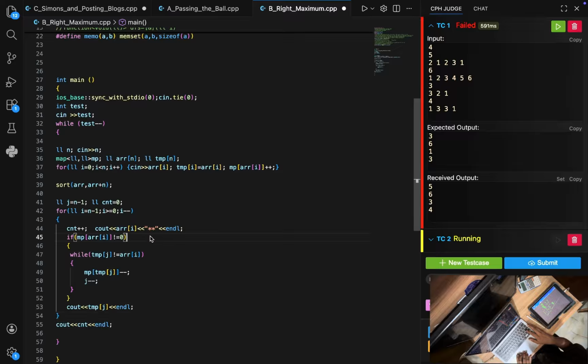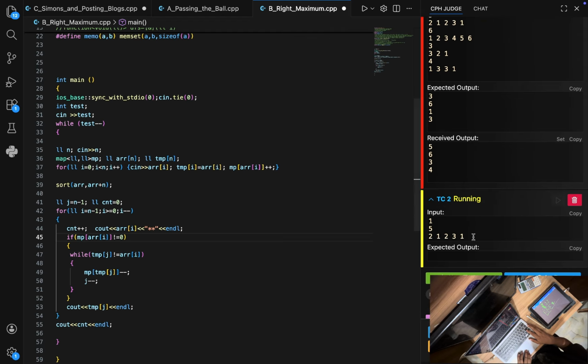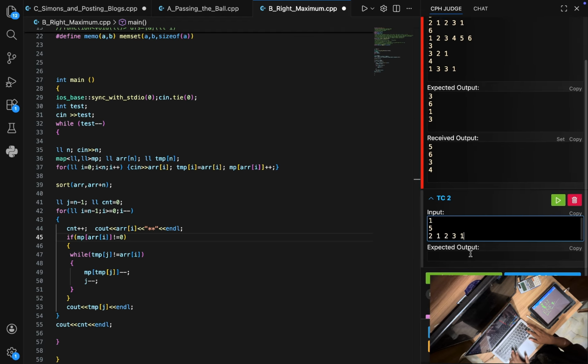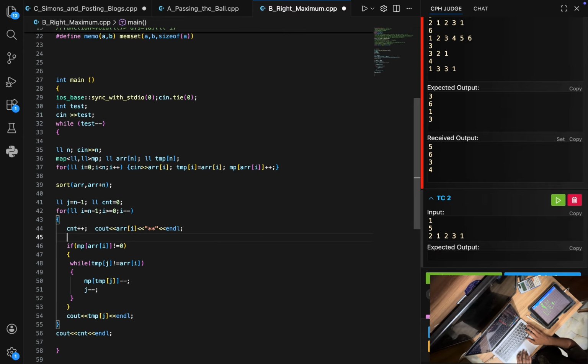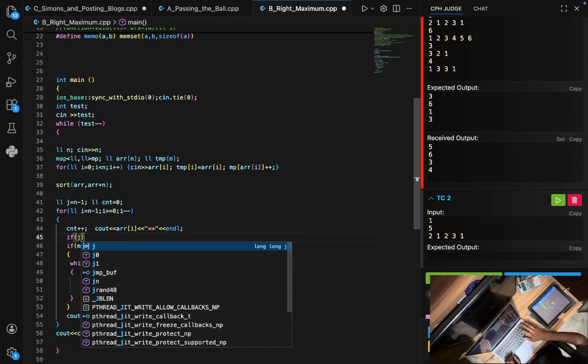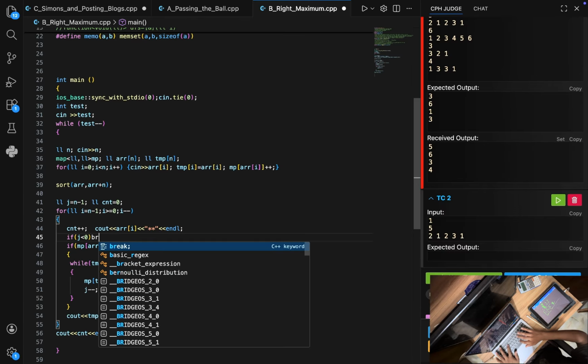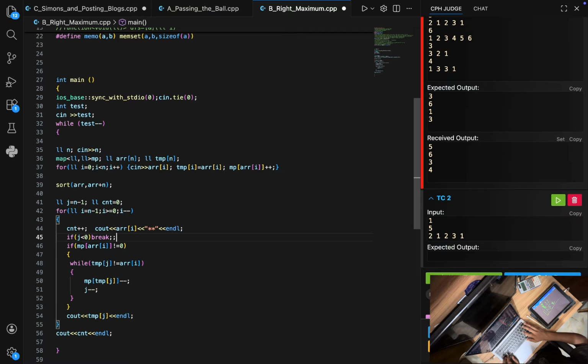Okay, it went into an infinite loop, I guess. What's going on? I'm doing i minus minus. If j less than 0, break.